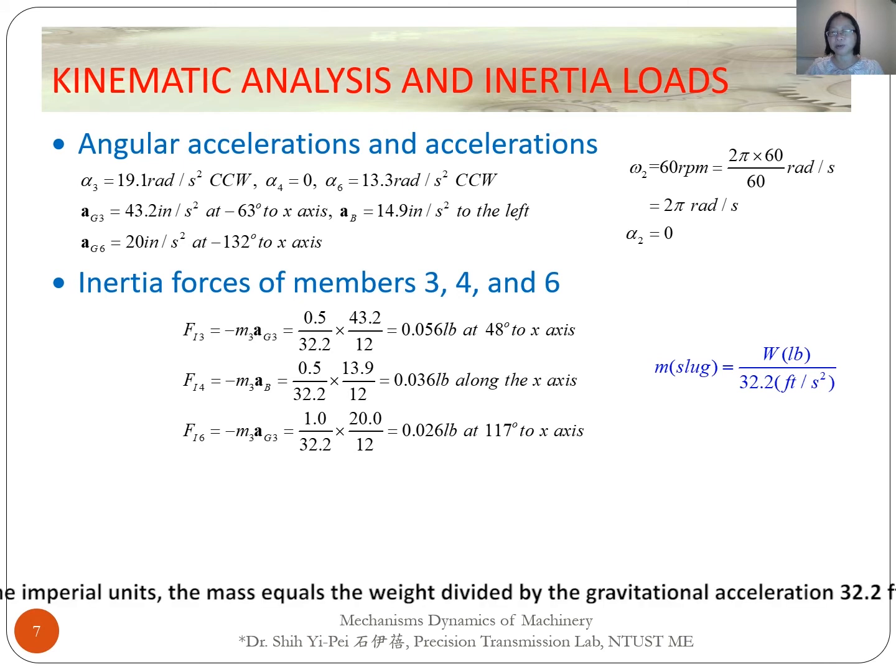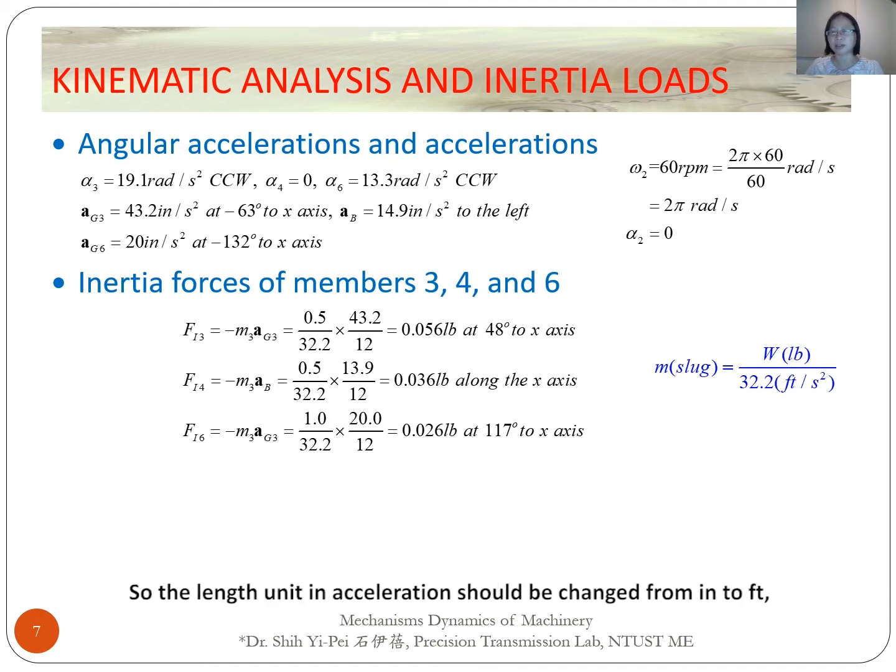In the imperial units, the mass equals the weight divided by the gravitational acceleration, 32.2 feet per second squared. So the length unit in the acceleration should be changed from inch to feet. All accelerations are divided by 12.